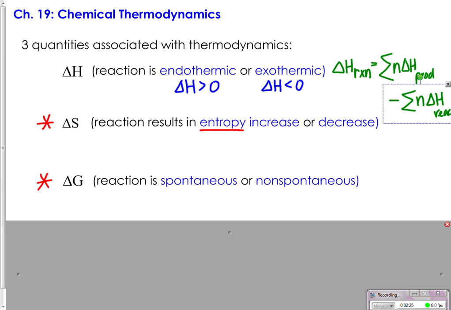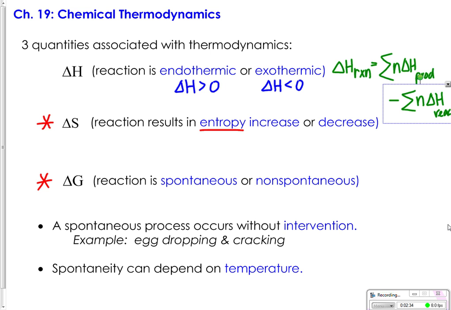So in this video, hopefully when you're finished, you'll have a little better idea of what spontaneity means. A spontaneous process occurs without any intervention from you. For example, if I have an egg in my hand and for some reason I let go of it, the spontaneous process is for it to fall because gravity pulls it towards the ground.